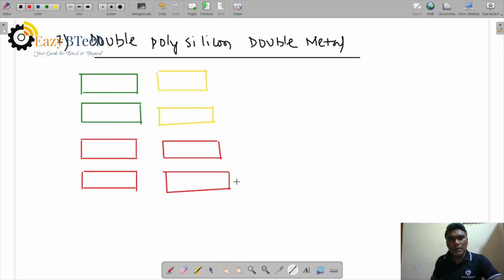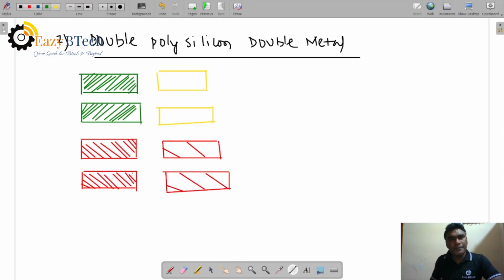Backward lines with nearer distance is poly 1. Backward slashes with distance is poly 2, right? And this one is forward lines with nearer distance, N diffusion. And yellow, forward lines with separation, right?